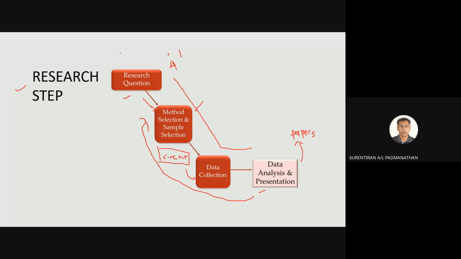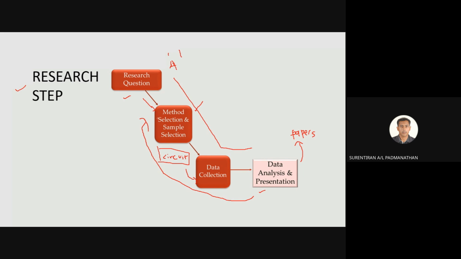So once you identify the objectives, finalize the objectives, scopes and limitations, you have to make sure the method that you select is correct. So for objective 1, this is the method that you want to use.